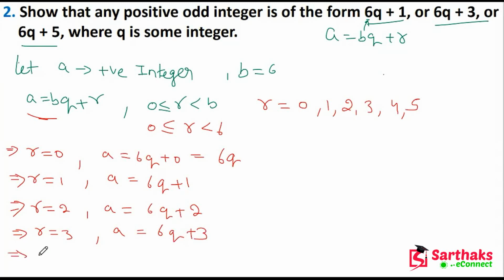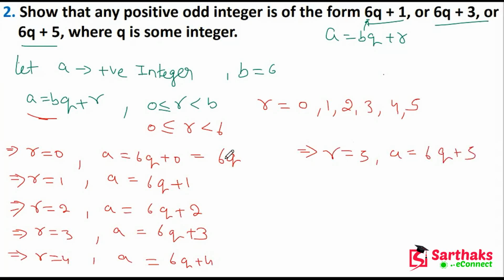If r is equal to 4, we get a is equal to 6q plus 4. And the last one, if r is equal to 5, we get a is equal to 6q plus 5.